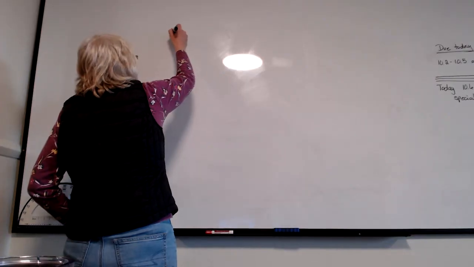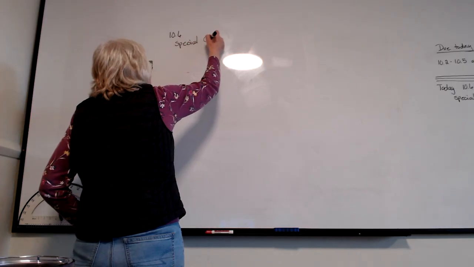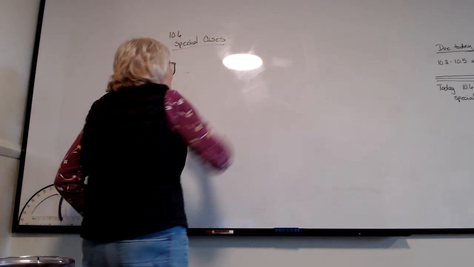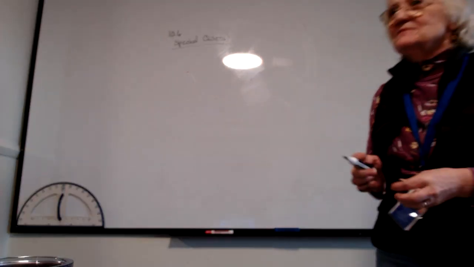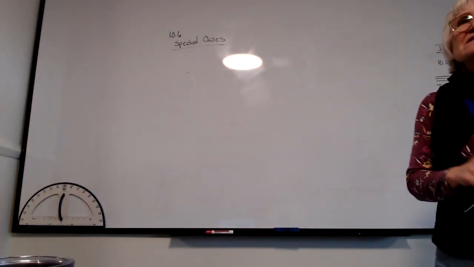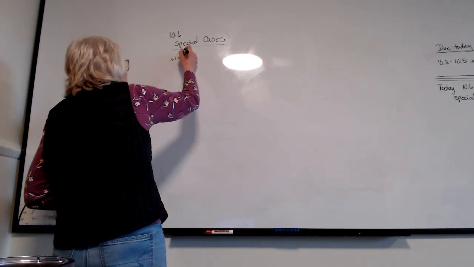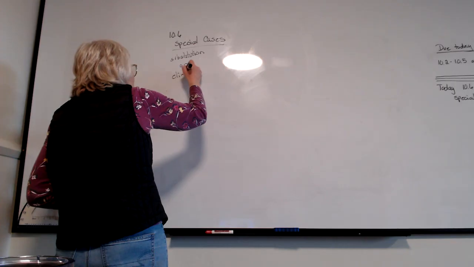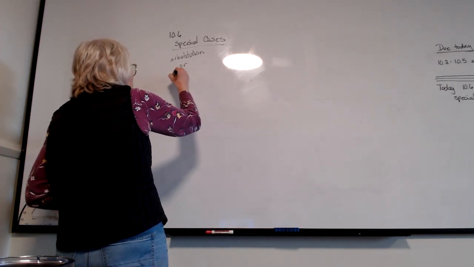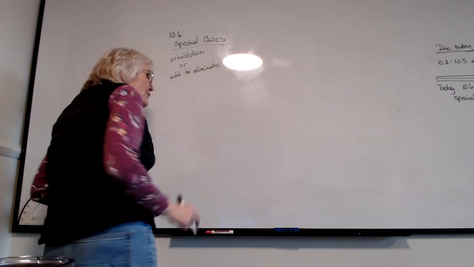Okay, 10.6. The special cases. So sometimes when you're doing problems, if you're using substitution or elimination, the two ways that we use, well, I should say add to eliminate, we get weird answers.